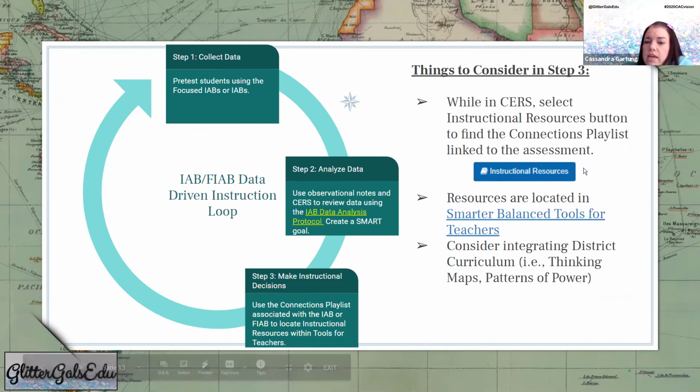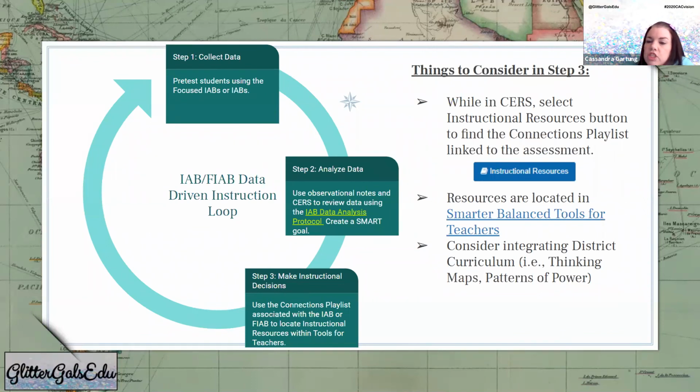But while you are in SIRS, or you're even in the sandbox, because these buttons are live in the sandbox, you're going to select this blue button right here underneath the IEB or FIEB you took. It's actually located right at the top. And it will connect you to the connections playlist linked to this assessment.